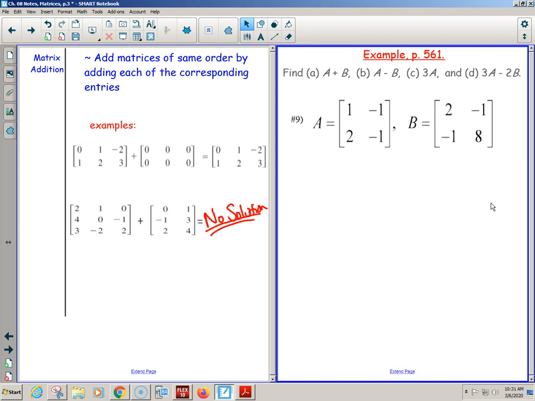As you're doing this, think about: is A plus B equal to B plus A? Is A minus B equal to negative B plus A? Oh, 3A, sorry, I missed that one. Is 3A the same as A times 3? I'm asking about the commutative property of matrix operations.